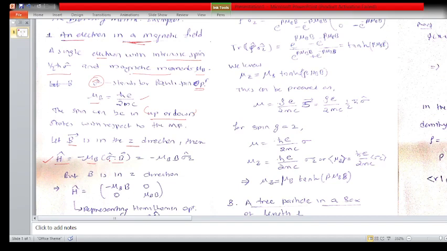If you take sigma dot B, sigma consists of sigma x, sigma y, sigma z, the Pauli spin matrices. We are considering B z, the magnetic field in the z direction, so the x and y components of the dot product become 0.